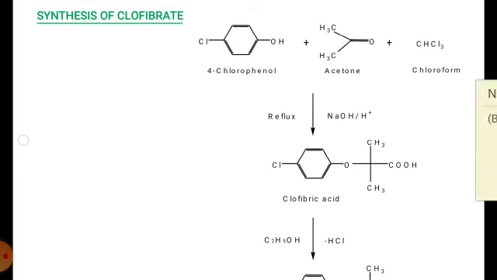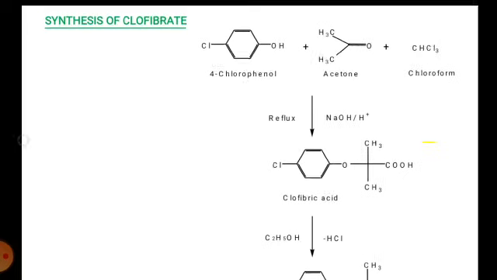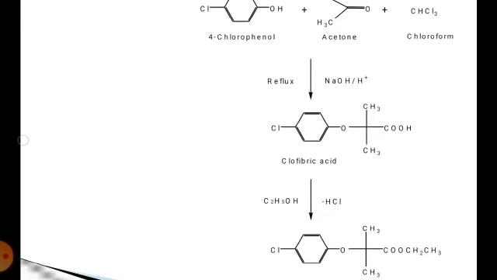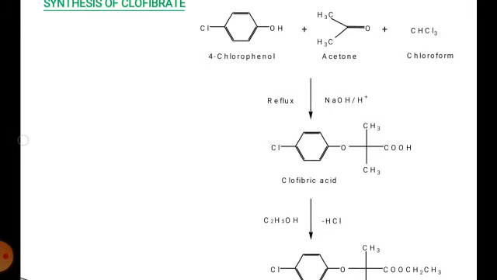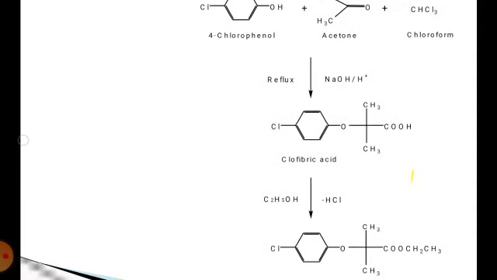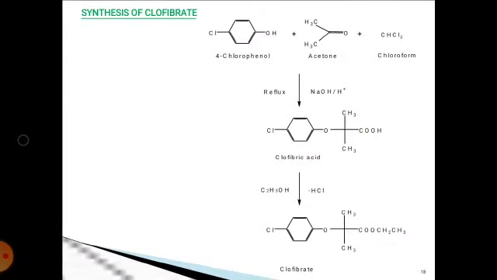When these three starting reactants are subjected to refluxing in the presence of sodium hydroxide, they result in the formation of clofibric acid, which on further treatment with ethanol, there will be a liberation of water and there is a formation of the final compound of our interest, that is clofibrate.